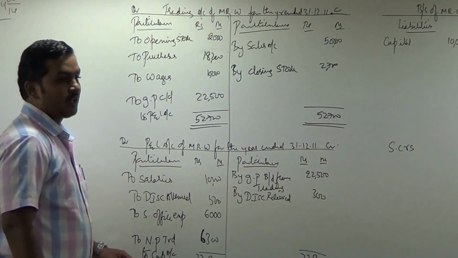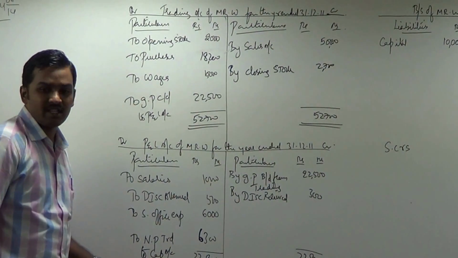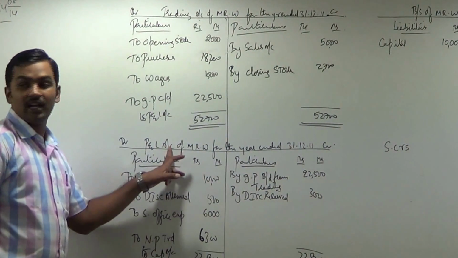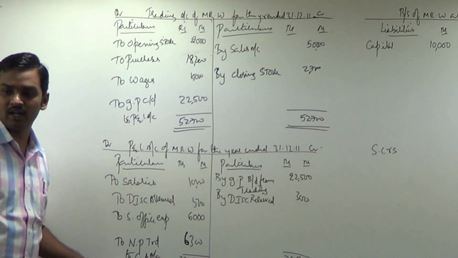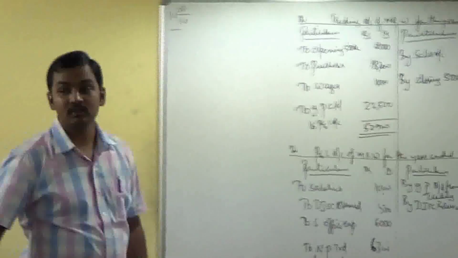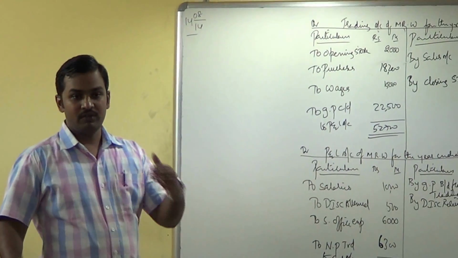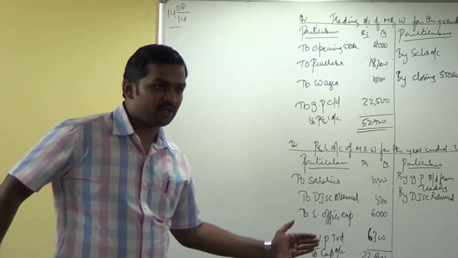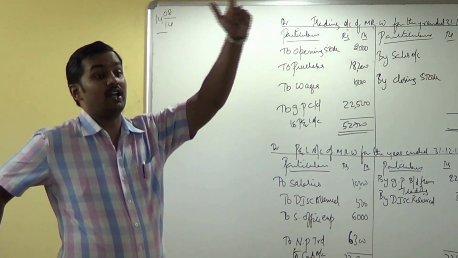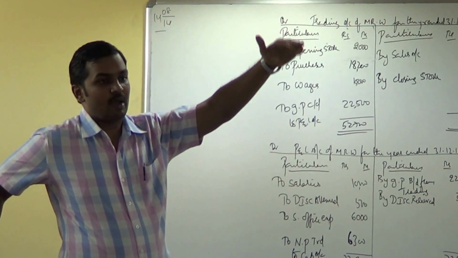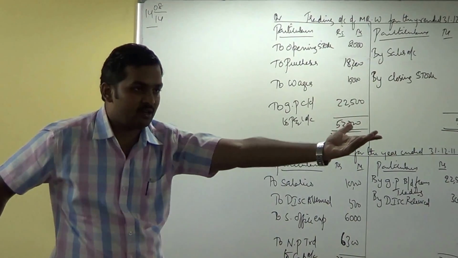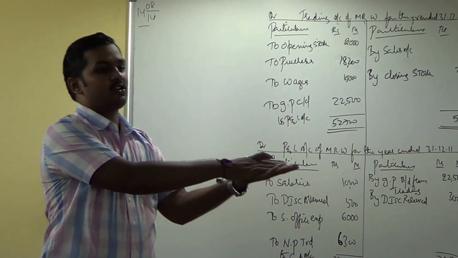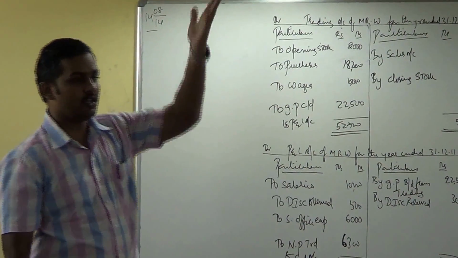Net profit transferred to capital account. Here we pass an entry: P&L account debtor to capital account. What is the entry we are passing? If you pass this entry, P&L account will be debited, it will be closed. Capital account will be credited. Capital account is already showing a credit balance. If you again give a credit to capital account, balance is going to increase.